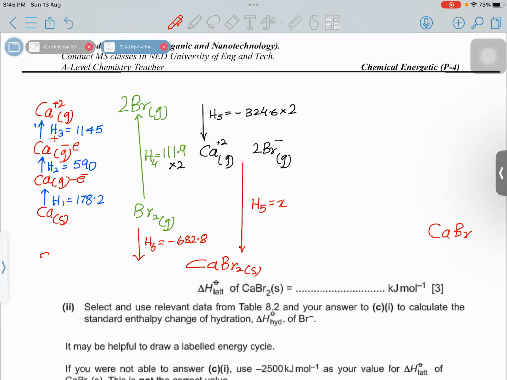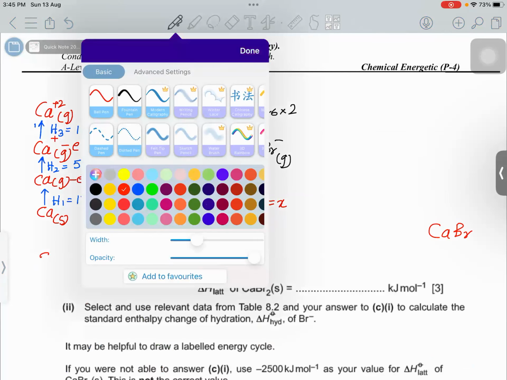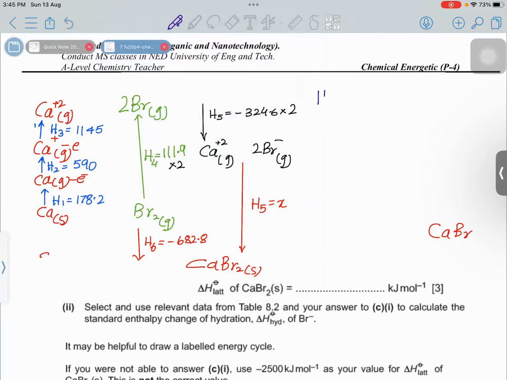Now, can you tell me the formula? So sir, H6 is equal to H1 plus H2 plus H3 plus H4 plus H5. Now, H6 is minus 682.8.